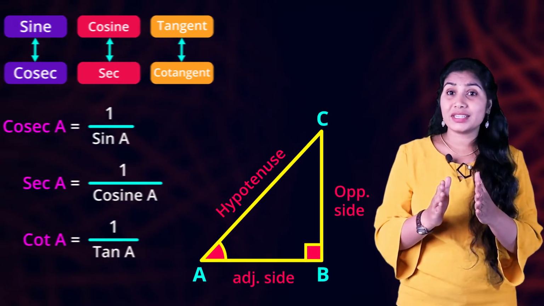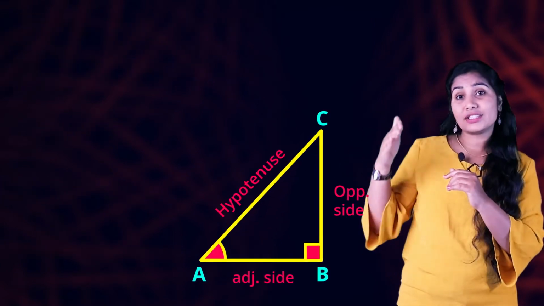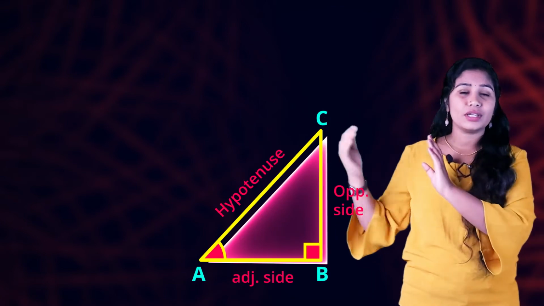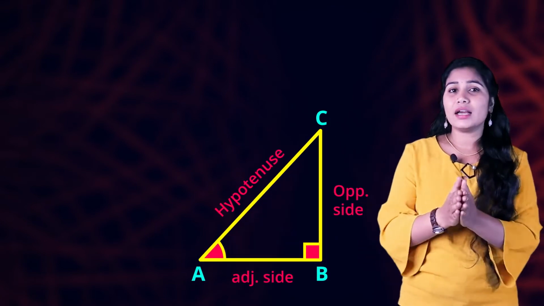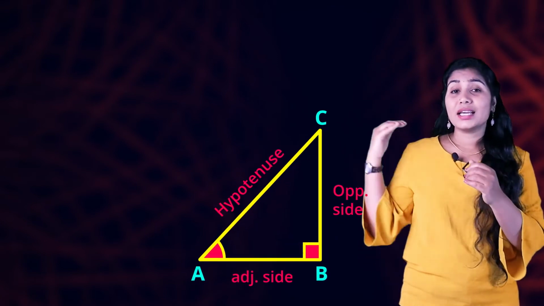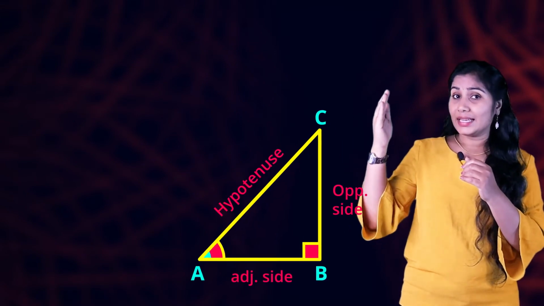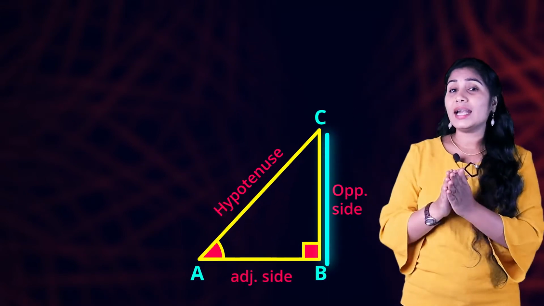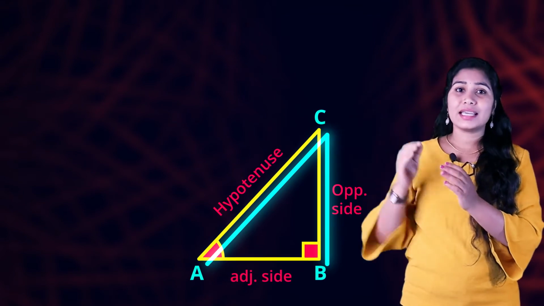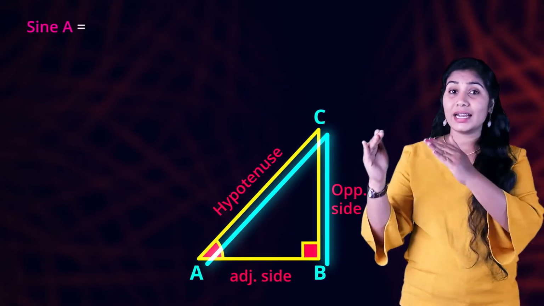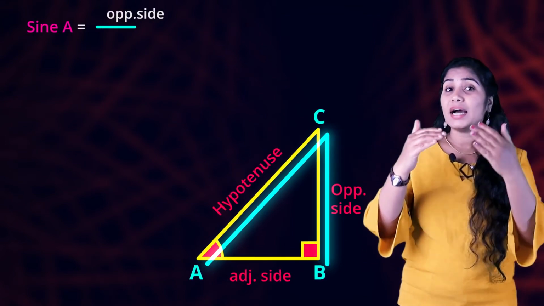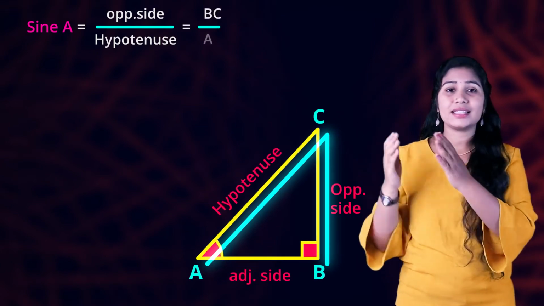Now, the trigonometric ratios of angle A in this right triangle ABC in this figure are defined as follows. See here, sine A is nothing but the side opposite to angle A, which is BC, and the hypotenuse, that is AC. So sine A is defined as the side opposite to angle A by hypotenuse, that is BC by AC.